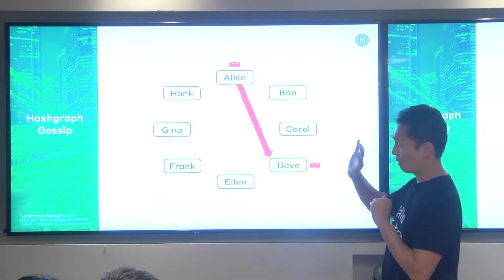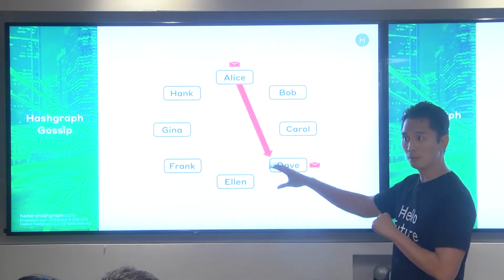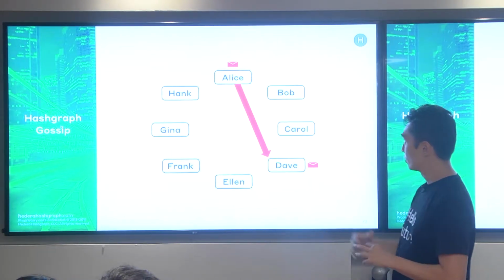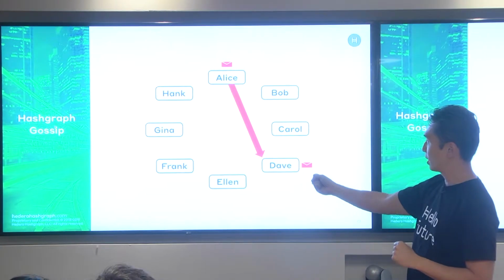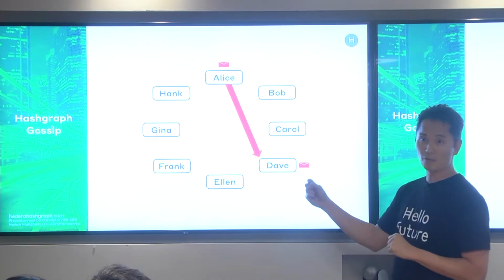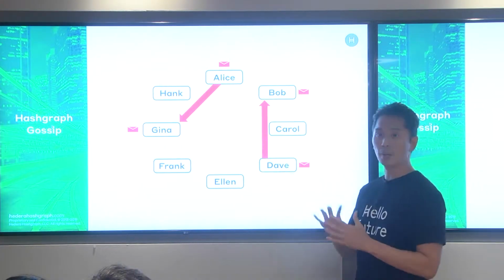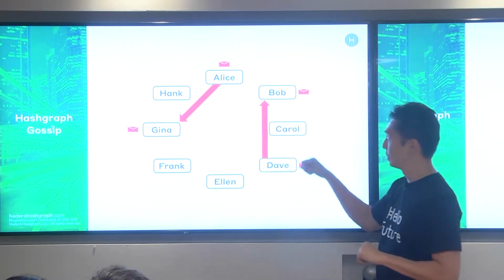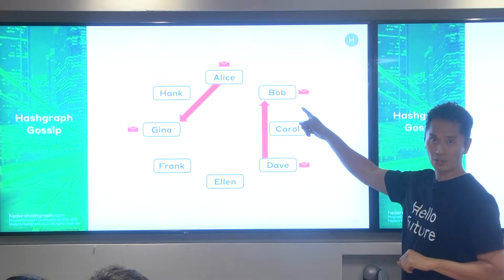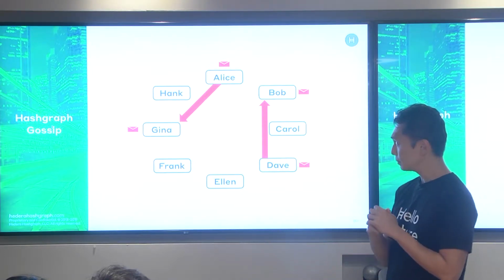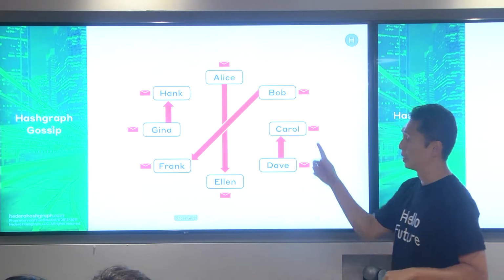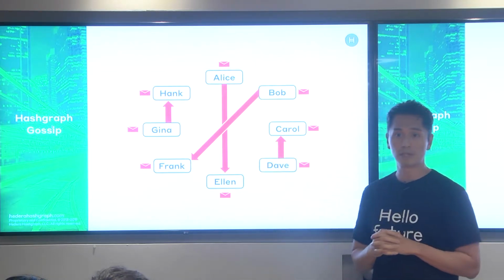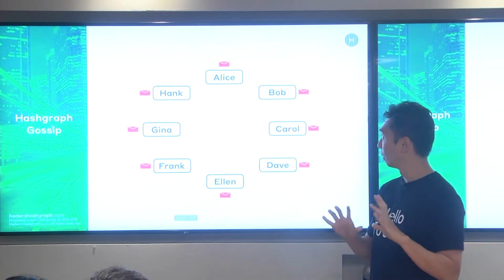So Hashgraph uses the gossip protocol, which is quite common in computer science. So Alice gossips the red transaction out to Dave, and then in the next round, Alice and Dave pick another member of the network randomly, in this case Gina and Bob, and they gossip the red transaction out to them. And very quickly, in the next round, every member of the network receives the red transaction.